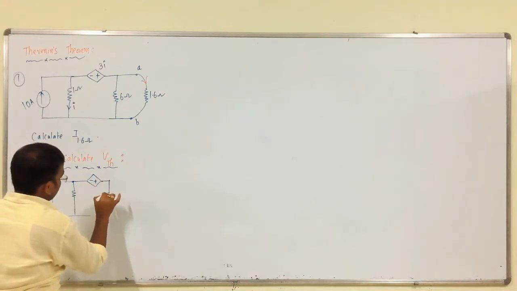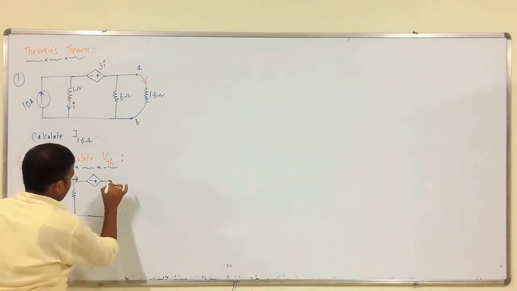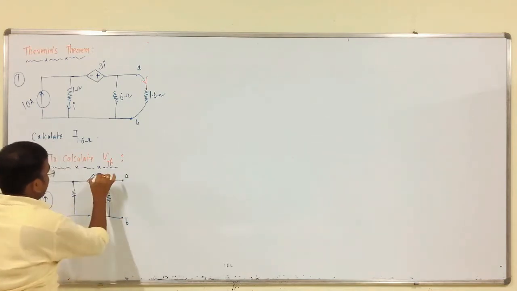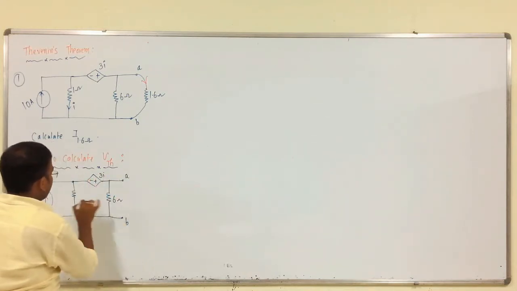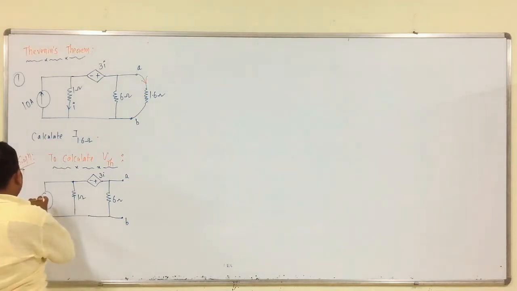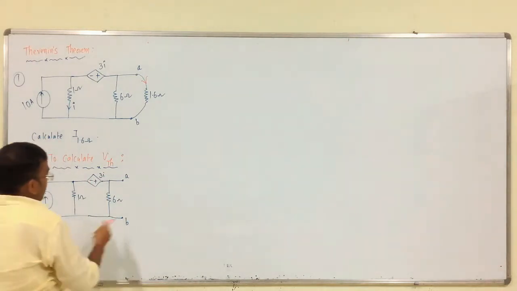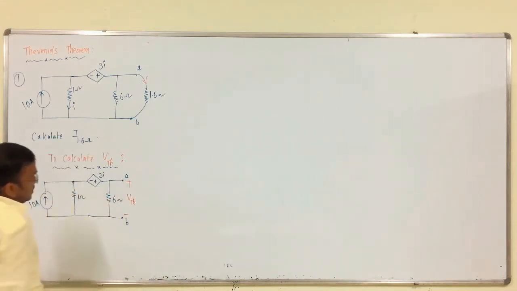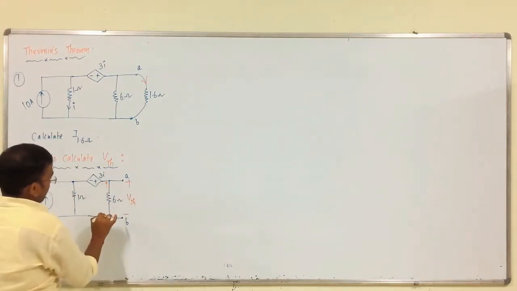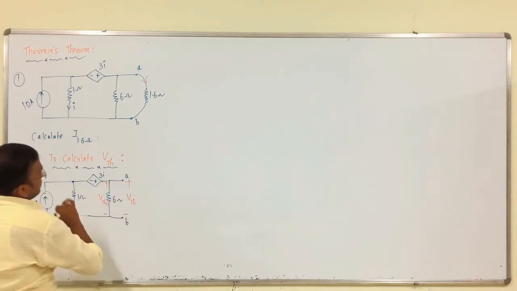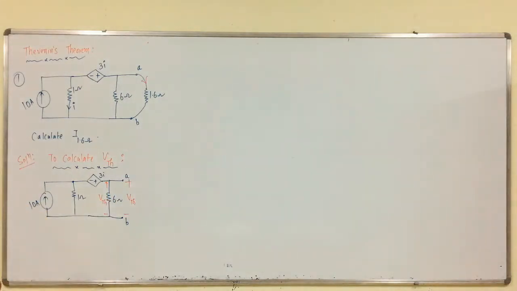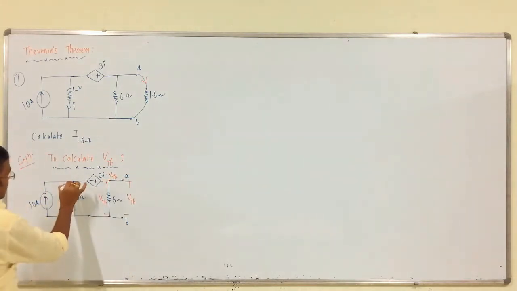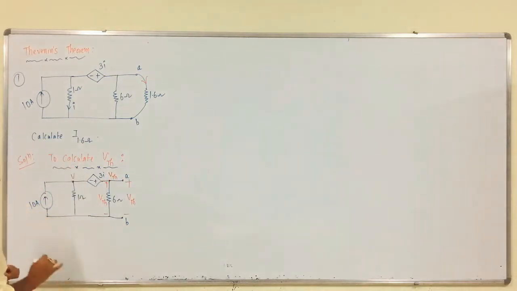Minus plus, this is A, this is B, this is 3I, 6 ohm, 1 ohm, 10 amps. So, we have to calculate VTH between these terminals. This is nothing but VTH, and this node voltage, for example, is V.